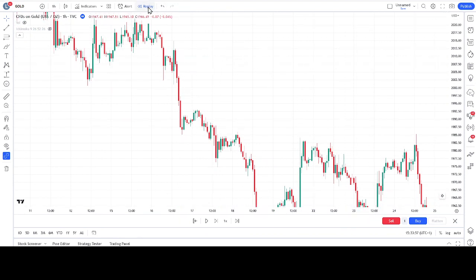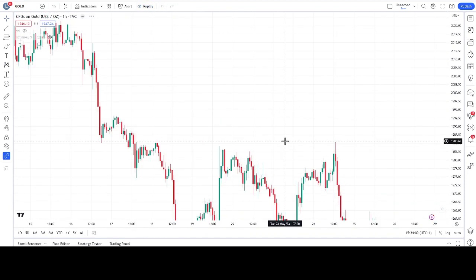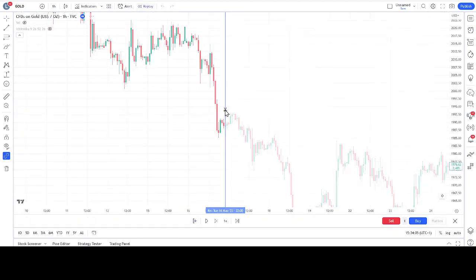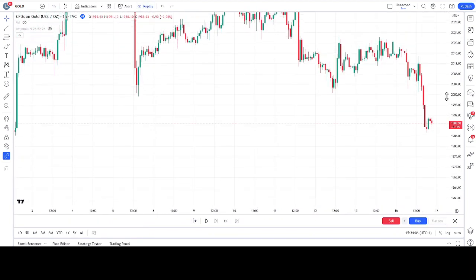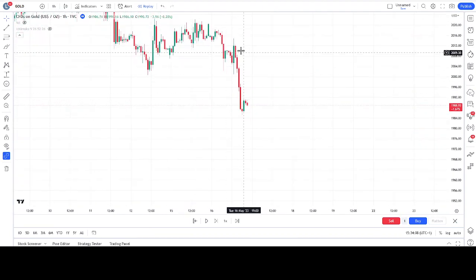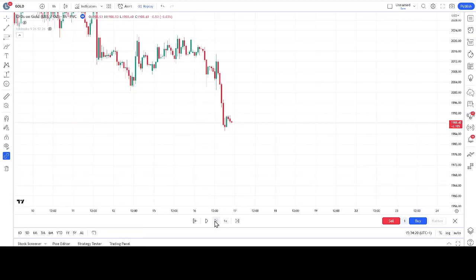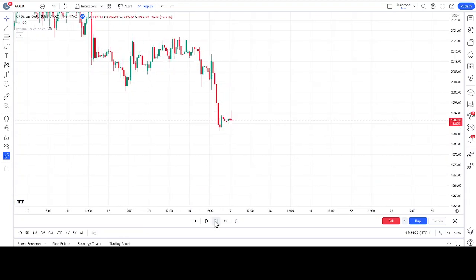So let me do a replay here. If you can see, the price is moving in a sharp down move here, and then you can see it's getting consolidated here. So let us just play candle by candle. There you go.